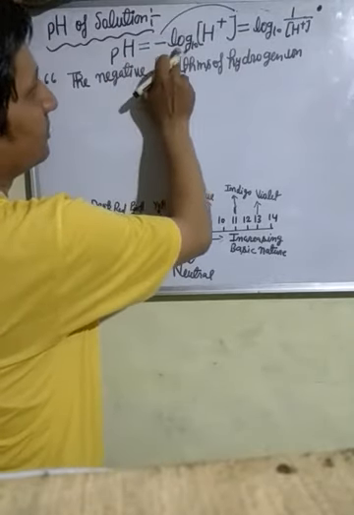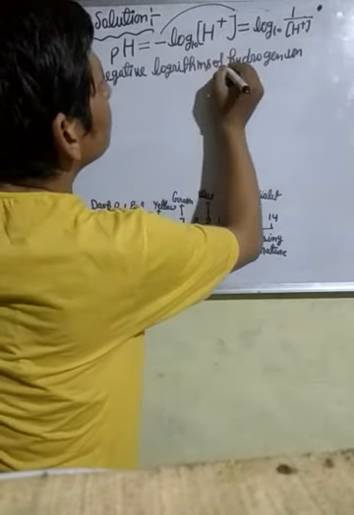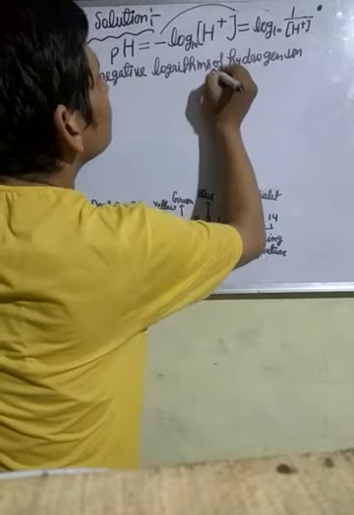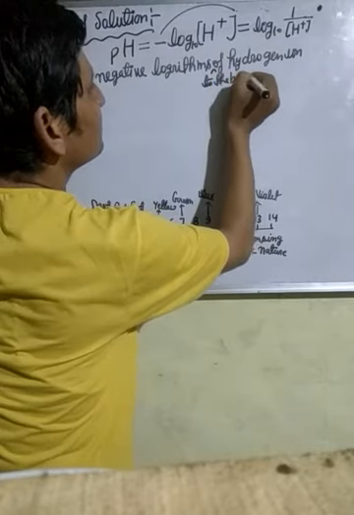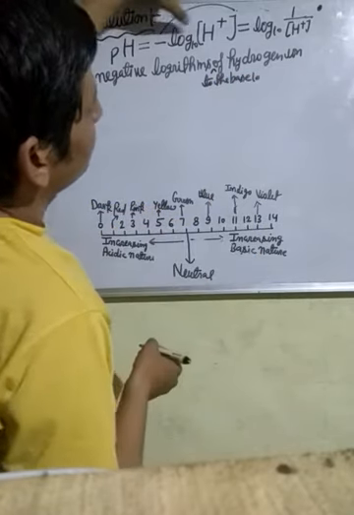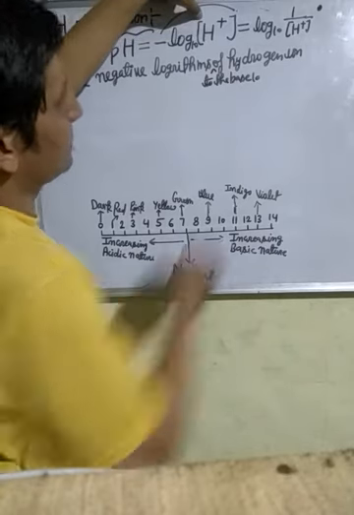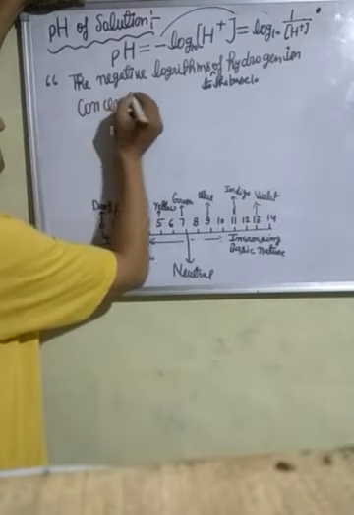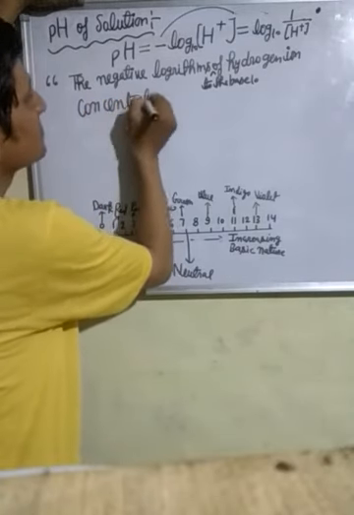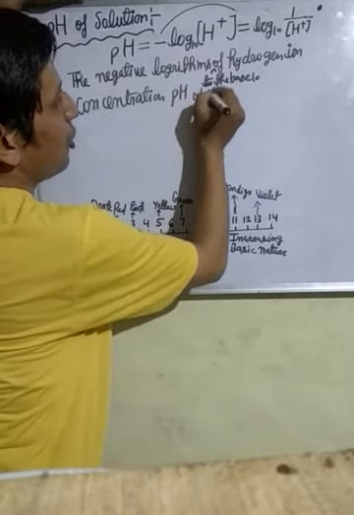The negative logarithm of hydrogen ion concentration, or we can also say the negative logarithm to the base 10 of hydrogen ion concentration, is called the pH of a solution.